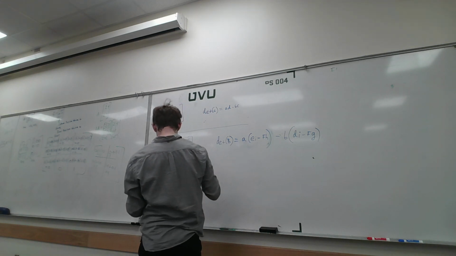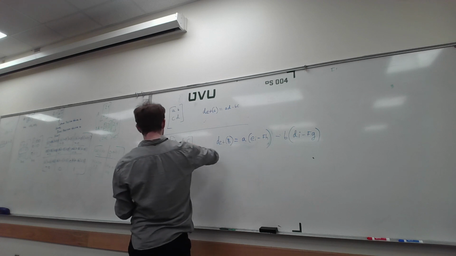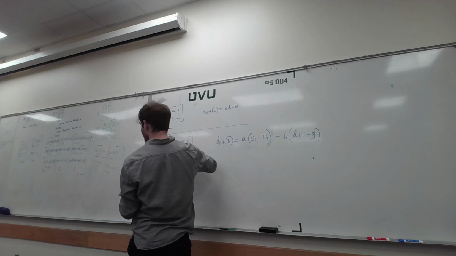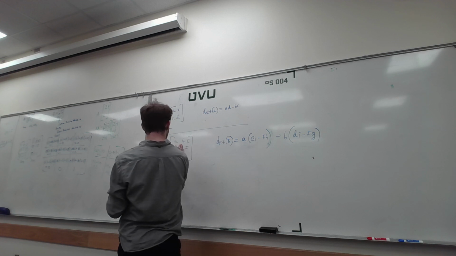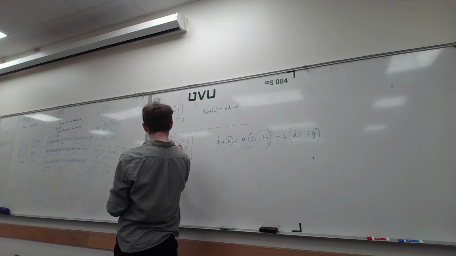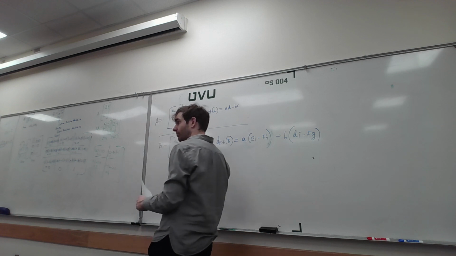Sorry, I covered up the wrong thing. I meant B. B multiplied by this determinant that excludes it, so it's got D and I and F and G. So it excludes that column. So it's B multiplied by the 2 by 2 matrix that doesn't include that column.